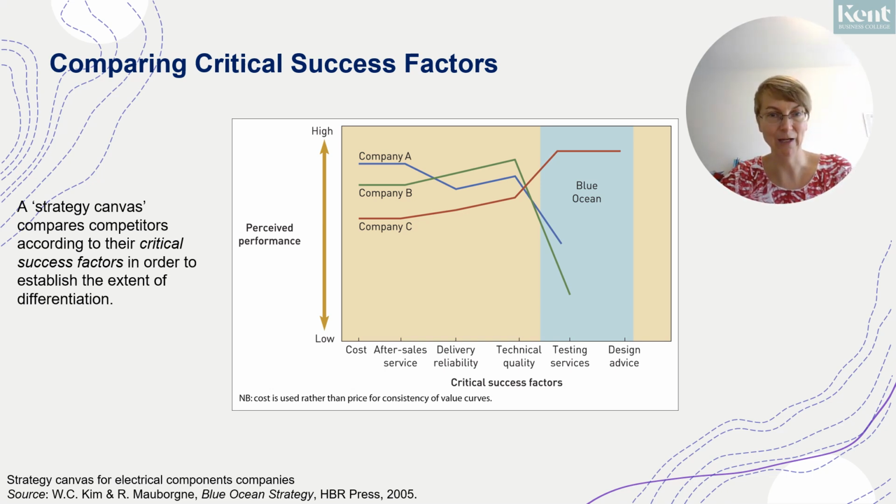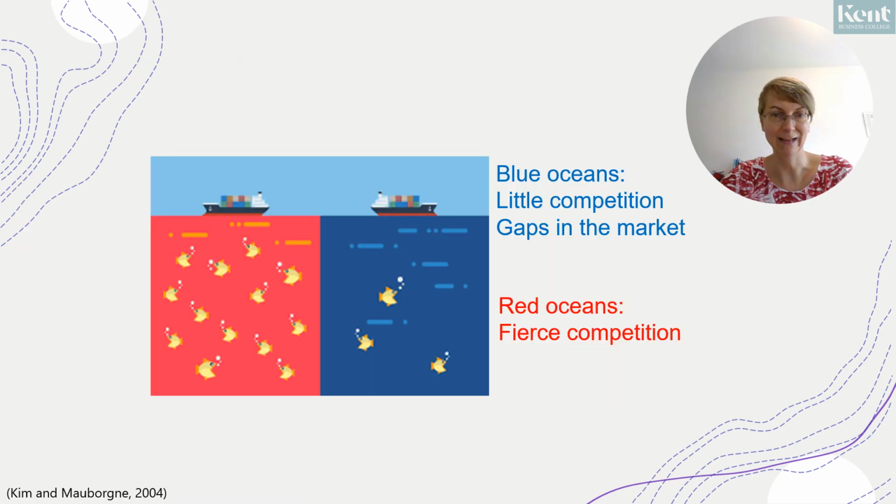Now, that is something unique. That is how they differentiate from competitors. The other two don't offer this. So company C clearly operates in the blue ocean, and that is something that is also very famous. It was a concept developed by Kim and Mauborgne some years ago already, but they coined the terminology of blue oceans and red oceans.